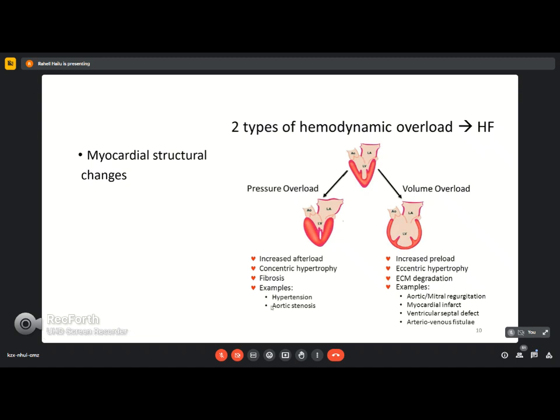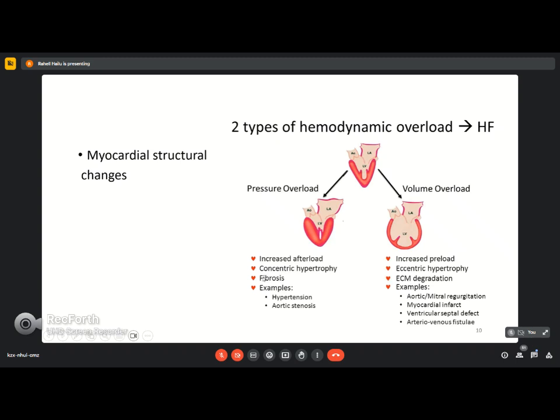Stenotic lesions are the valvular lesions where the valves fail to open, so there is a very narrowed aortic valve. You need a high amount of pressure to move blood out into the systemic circulation. That also results in an increased afterload and requires hypertrophic changes like this.